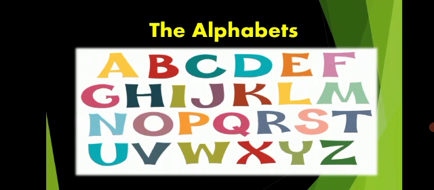We got the word alphabet from the Greek words alpha and beta. The alphabet starts from A and ends on Z. Alphabets also have 44 different sounds. About sounds, I will make another video and we will discuss them in our next video.